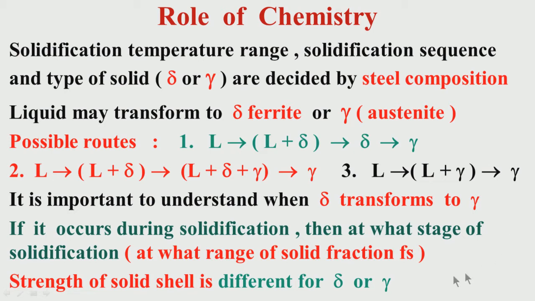So, what is important is at high temperature what is the strength and toughness of the solid shell, delta or gamma. Gamma has much higher strength compared to delta. That is why how the solidification takes place will lead us to the strength of the shell, whether it is delta or gamma. If it is delta, then the solid shell is soft. If it is gamma, the solid shell is relatively hard. So, this is the first thing to remember.